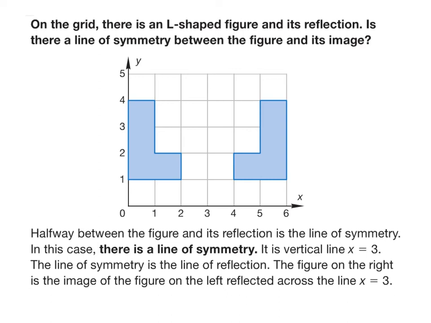Here's the x-axis, so if we stop at 3, what they're saying is x equals 3, so this is where the line is. Can you see how this first shape is the same distance from that line of symmetry as this second shape? It's just been flipped. So this has reflective symmetry, and we would say it's been reflected over or across the line x equals 3.